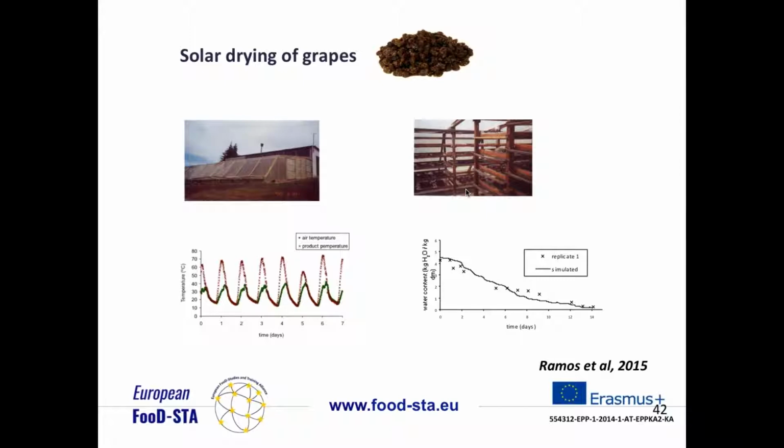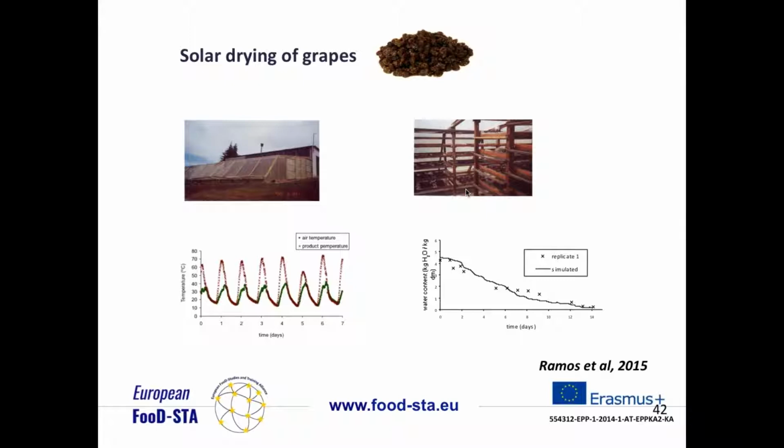Another example that I really appreciate is the solar drying of grapes. So solar drying is drying using solar energy, but in a cabinet, as shown in the picture on the right.